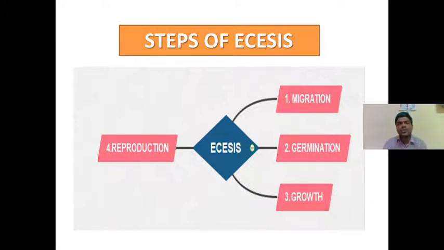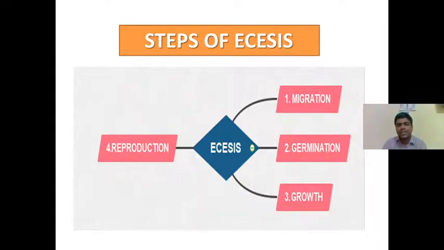If migration is not there, then we cannot see the process of Ecesis. For successful establishment of plant species, migration is considered the first or primitive step. Migration results in shifting of seeds and plant parts from one location to another location.